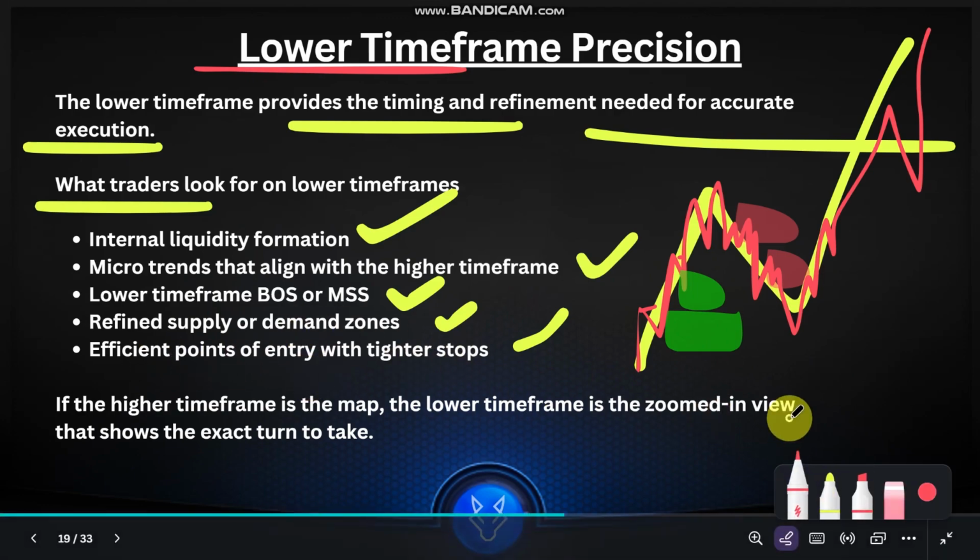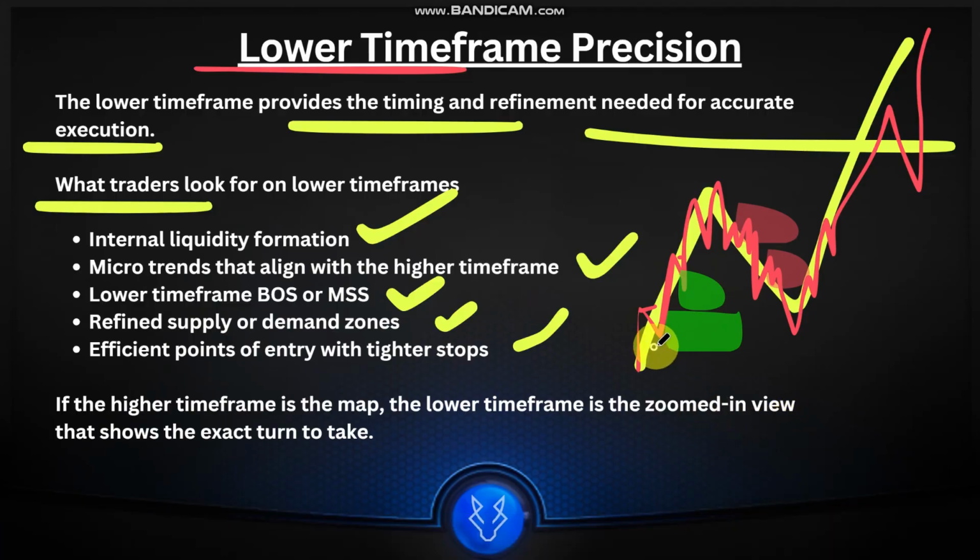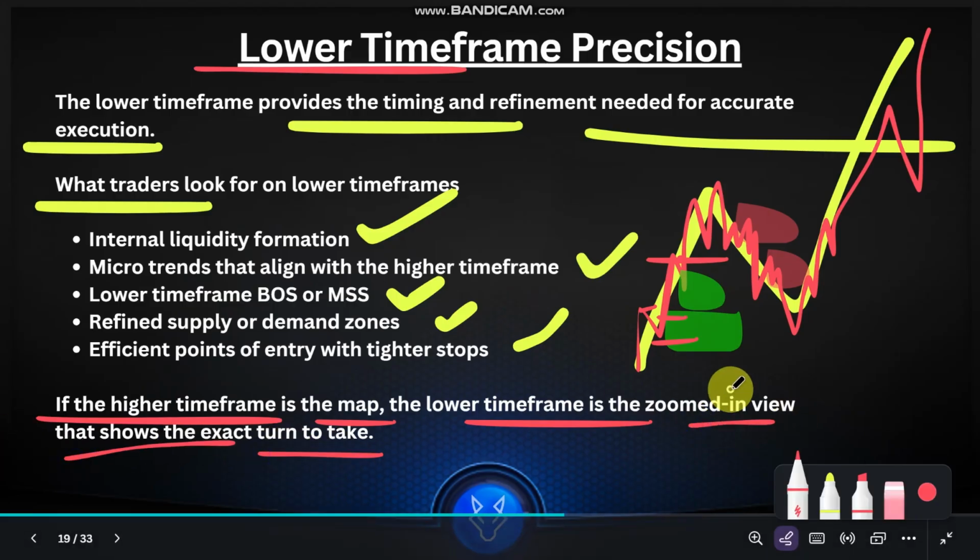So now, if you're going to take a trade, your stop loss is going to be very tight. You enter somewhere here, your stop loss below this level, and then you can target this high here. So if the higher time frame bias is the map, the lower time frame is a zoomed in view that shows the exact turn to take the trade.